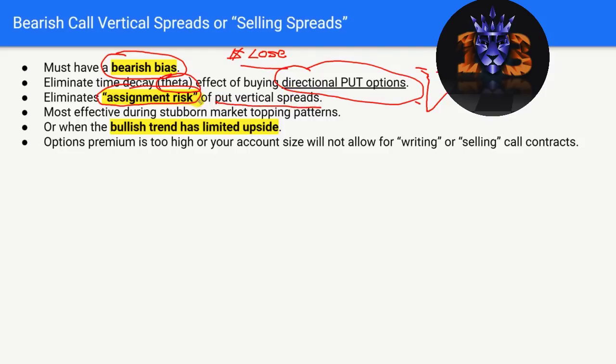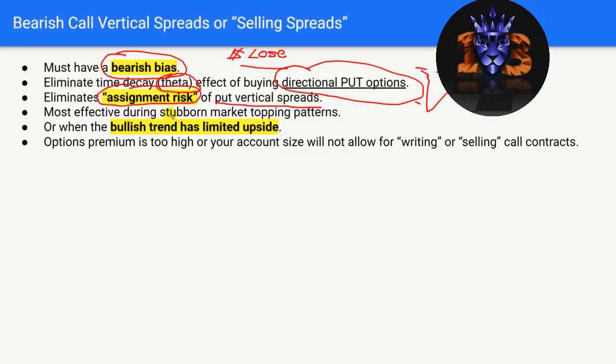Whether you're buying long vertical spreads on the puts or the short vertical spreads, you still have assignment risk, because on the put side, you are obligated to receive those shares and buy them if the trade goes against you. And more on that in a later course.